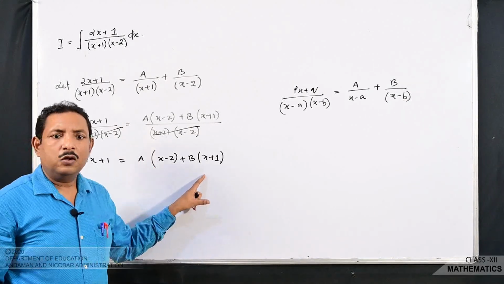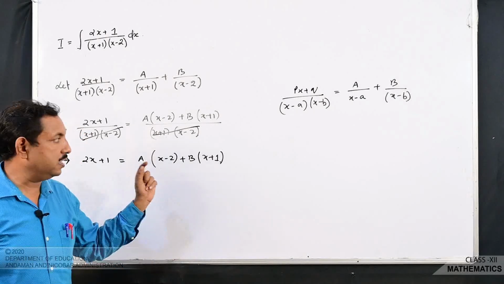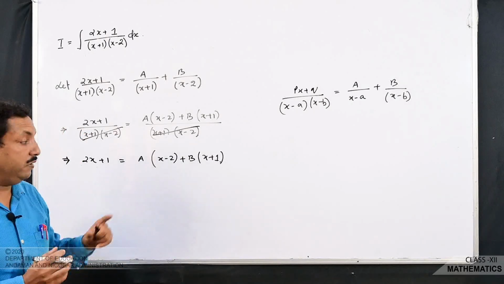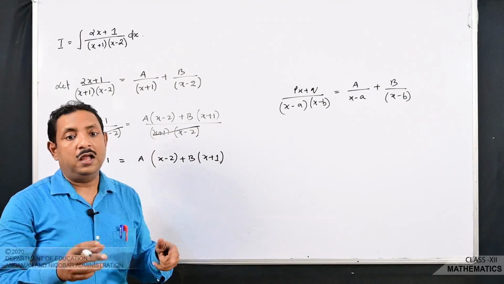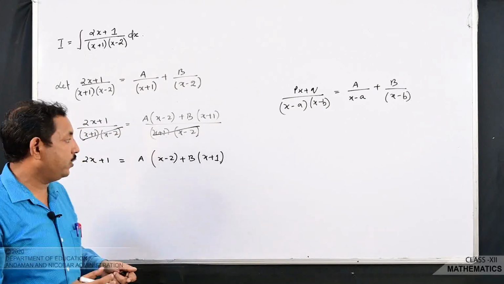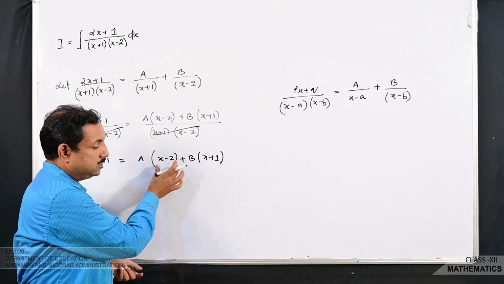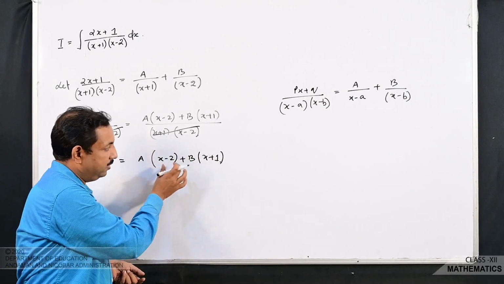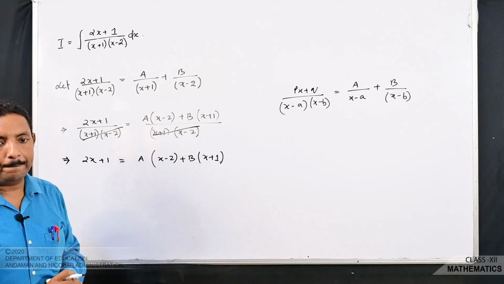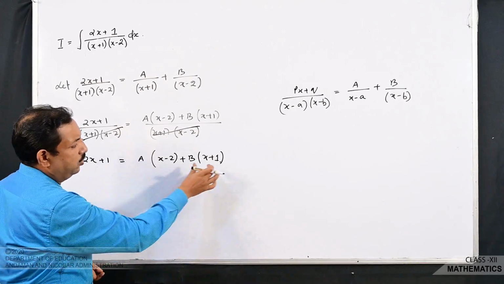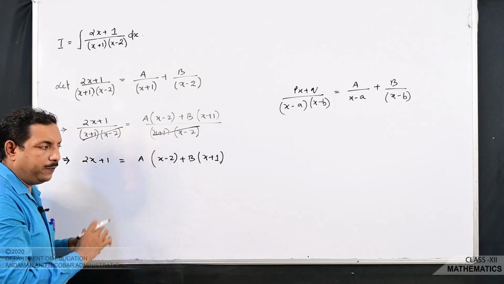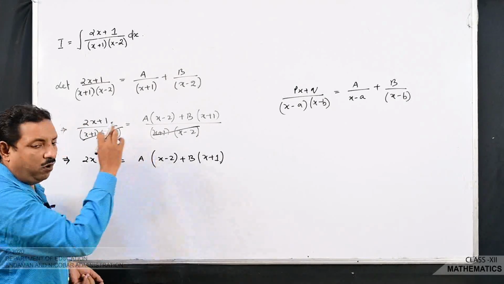So this is our original method, but there is also a different method to find the values of a and b very quickly. I will show you the new method. You make one term, either this term or this term, equal to 0 by putting some value of x.